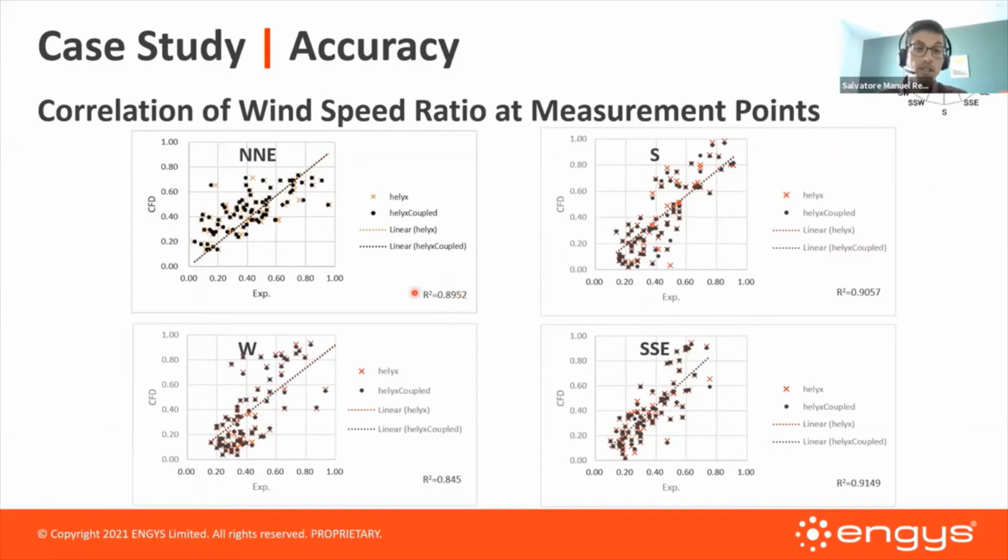We also present here the R-squared factor, which tells how well the CFD correlates with the experiments. The closer this value is to 1, the better the CFD matches the experiments. The plots tell us 2 things. The first is that segregated and coupled solver solutions are pretty much consistent, almost overlapping. The second is that we see a good correlation with the experiments, because the R-squared factor is around 0.9.